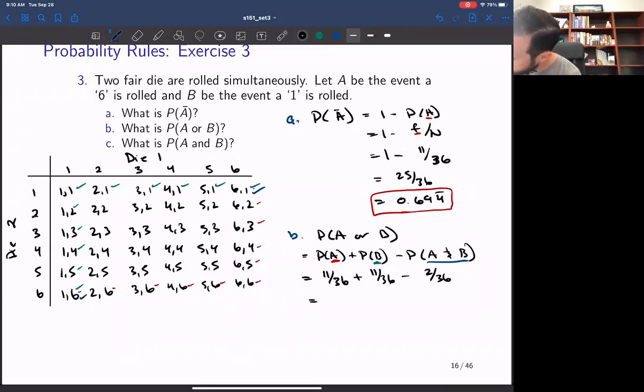So then we have 22, 11 plus 11 is 22 minus 2.